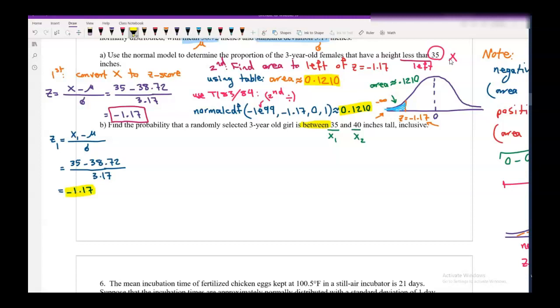So this is our z1. Now finding z2. This is equal to x2 minus mean divided by standard deviation. So our x2 is 40 minus the mean, again 38.72, divided by standard deviation 3.17. So here it is 0.4, or 0.40.